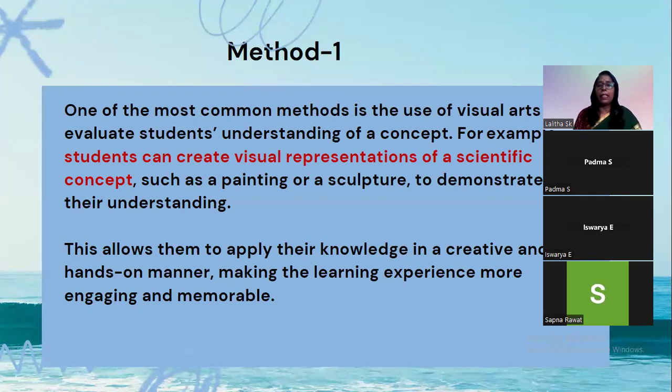One of the most common methods is that students can create a visual representation of a scientific concept. Like you have essays in your literature, a child may not excel at writing an essay. He or she could have problems in grammar or vocabulary, finding words to write an essay.